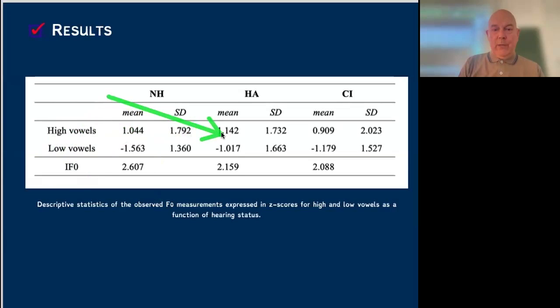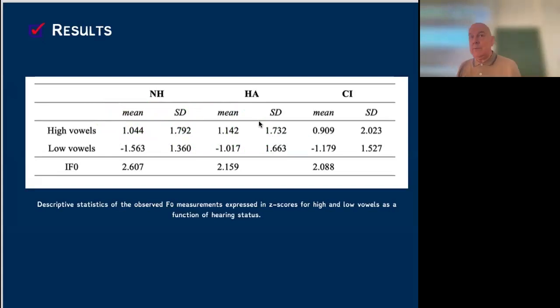And if you look at the children with hearing impairment, you notice that particularly the fundamental frequency of the low vowels here is higher than in the children with normal hearing, but no big differences here between in the high vowels. And so there they are very similar.